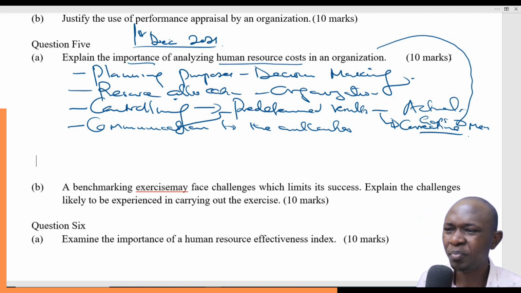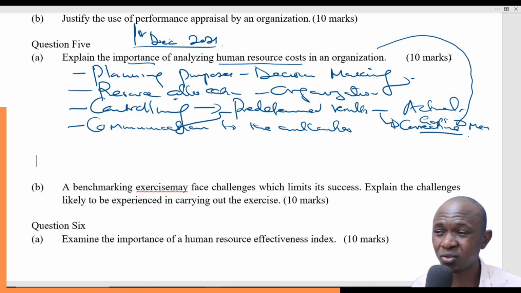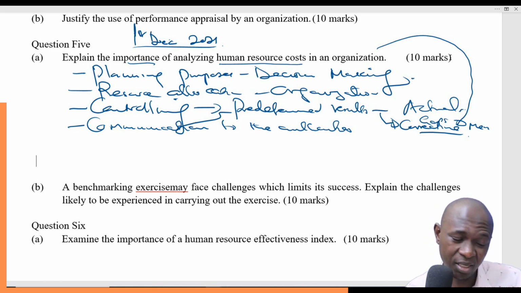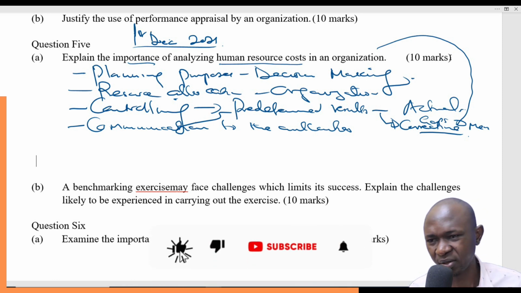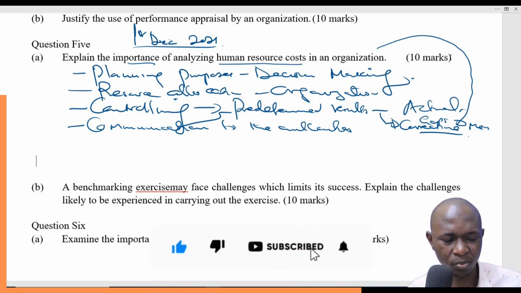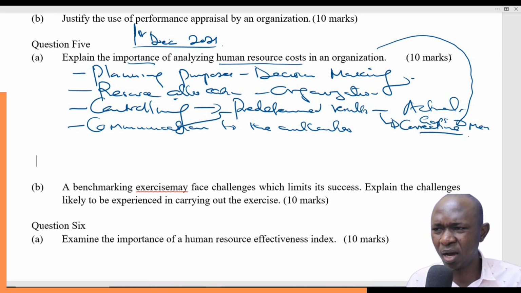So, simply put, analyzing human resource costs helps in improving communication, especially communication to the bosses, or even the stakeholders in general. So it clarifies communication and enhances the whole process.